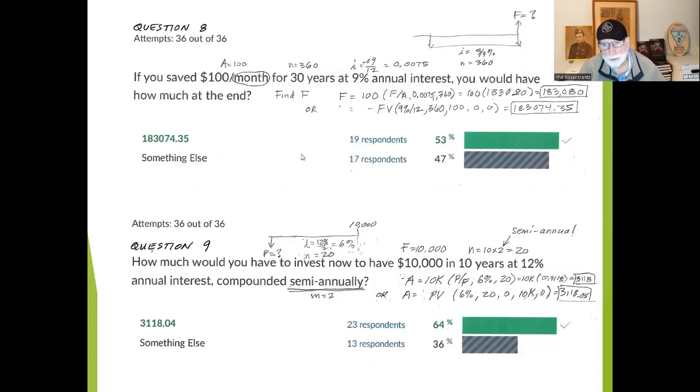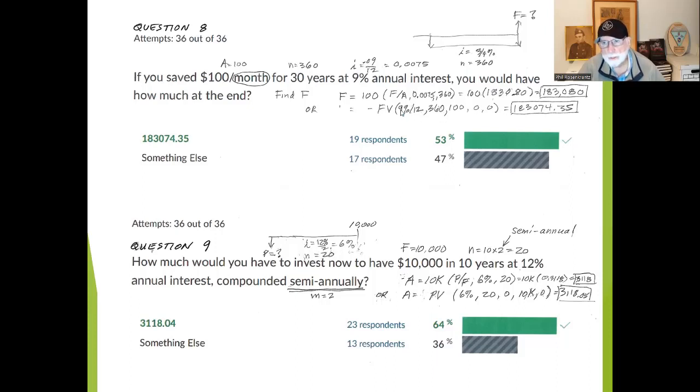The people that got it right probably found it easy because they understood that they had to use the proper number of compounding periods and the correct value of the periodic interest rate. For monthly compounding, they had to divide 0.09 by 12 and recognize they had 360 periods. I show you here the calculations using both the factors and the Excel functions.